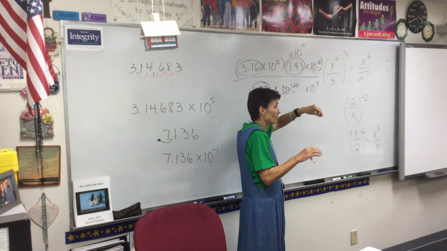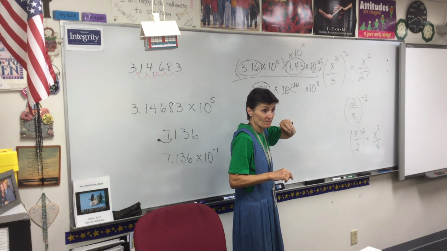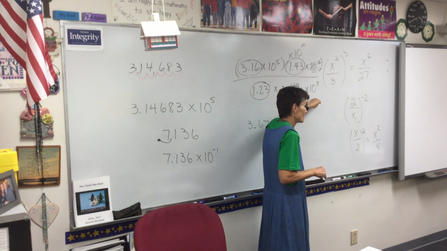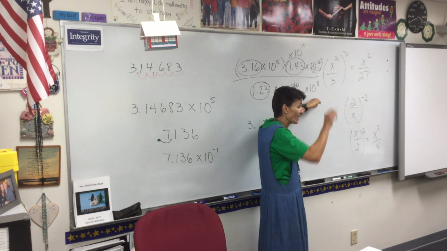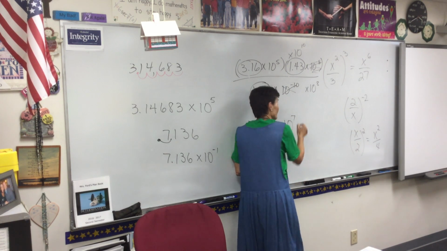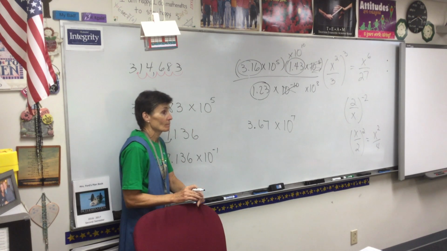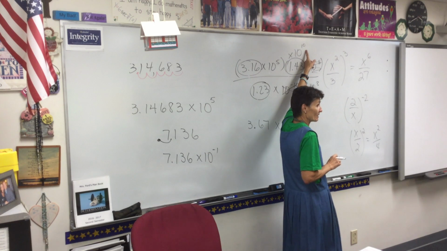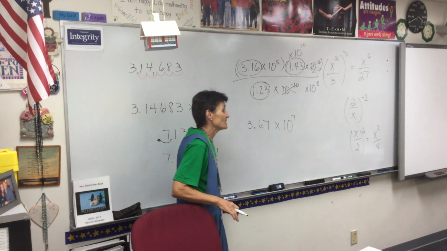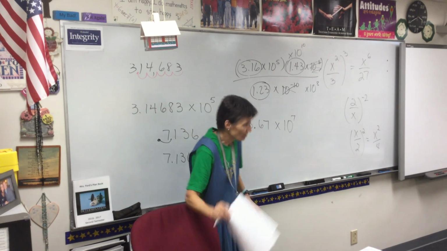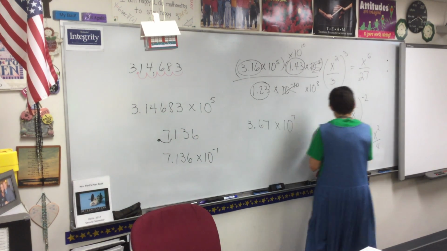So on the top, I have a total of 15 10s. But on the bottom, there are 8. So what's going to happen? If I have 15 of them over 8 of them, I'm going to be left with 7 of them. Did you say 50 or 15? 15. There's 5 of them and 10 of them. It's 15 of them. So you just multiply. Okay? Little tricky, but do it one piece at a time, and I think you can manage it.